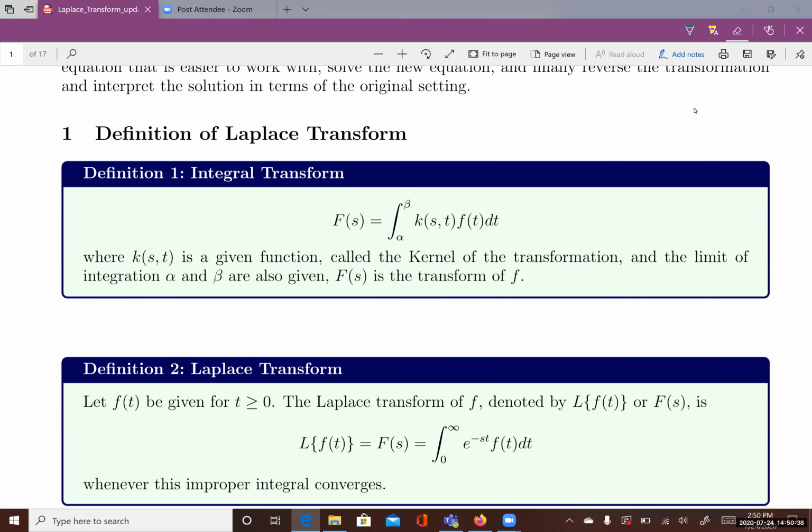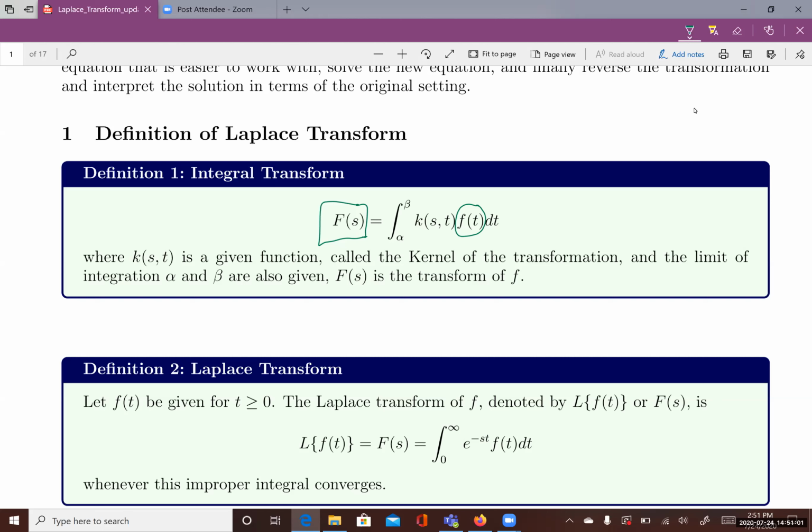So integral transform is the transform of the following form right here. And you can see that big F of s is the transform of small f of t. They have different independent variables, keep in mind.